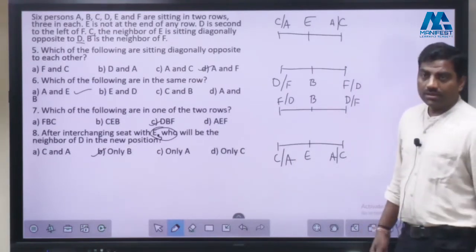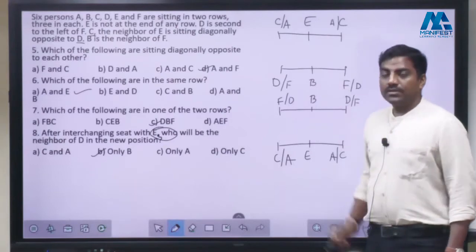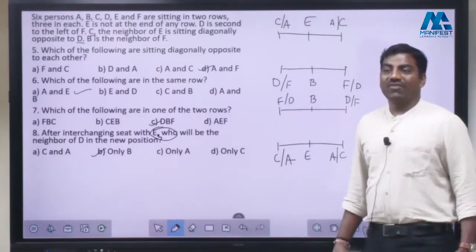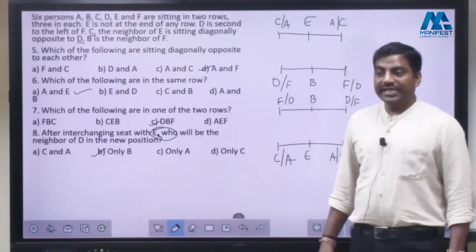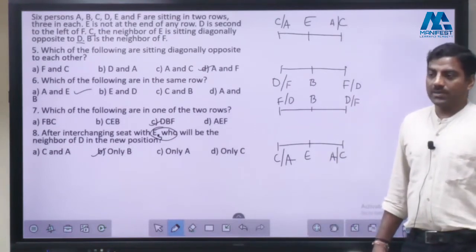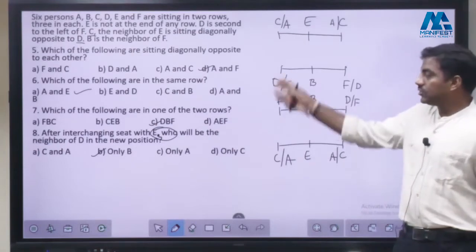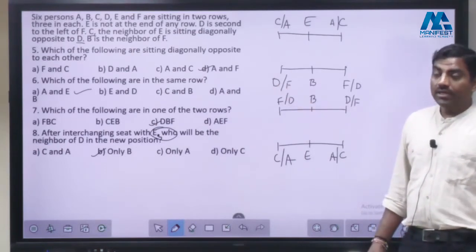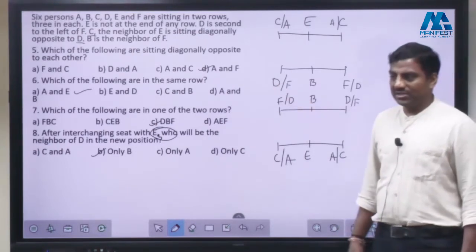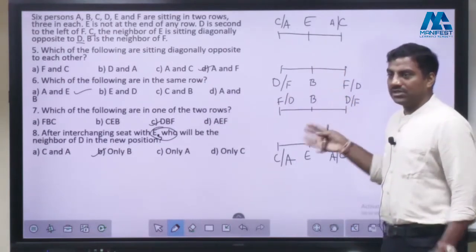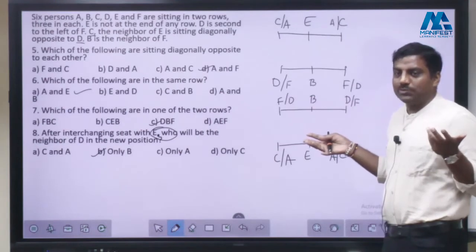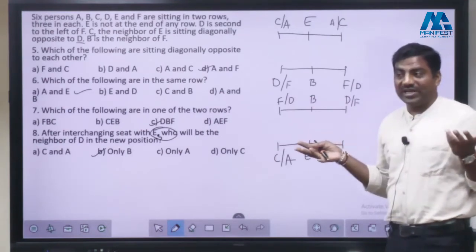See, here the diagram is not final. The positions of these extreme positions are not ascertained. Yet we can solve the questions. So don't be afraid of the diagram. Here, definitely I know you will get destabilized because nothing is in concrete. Only B's position and E's position are finalized.